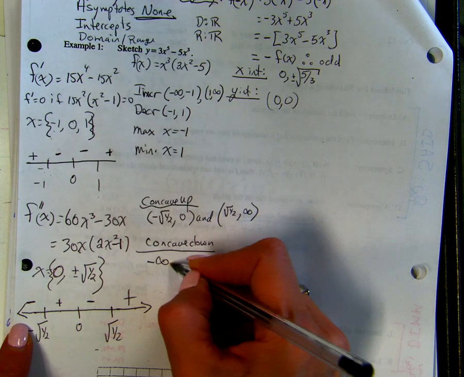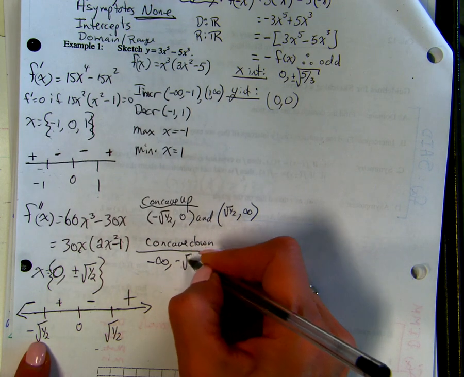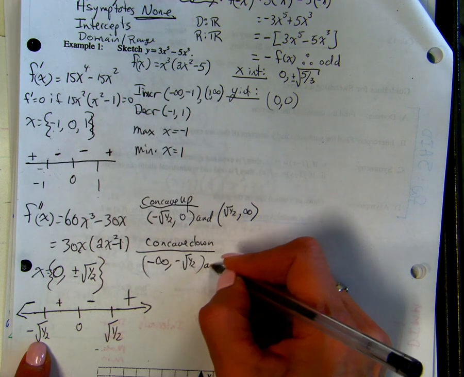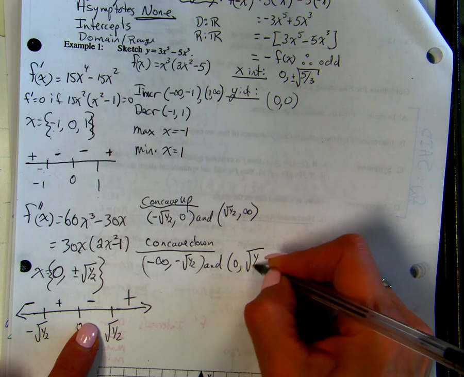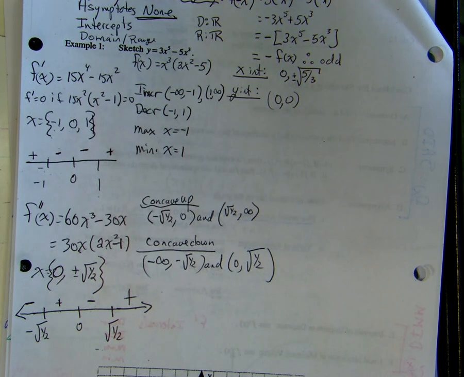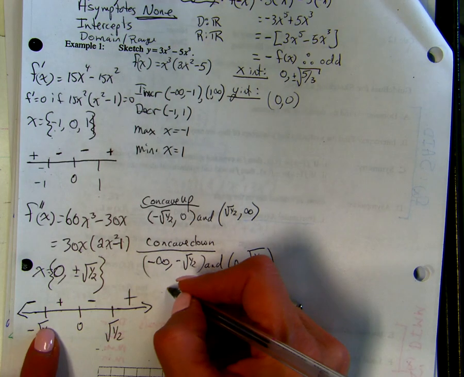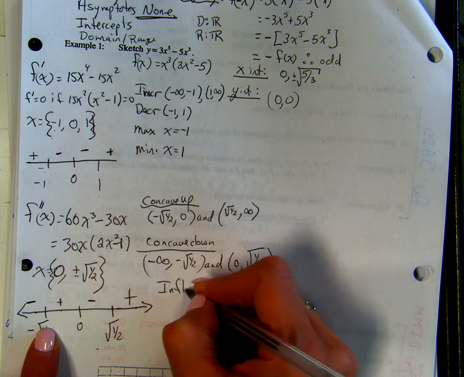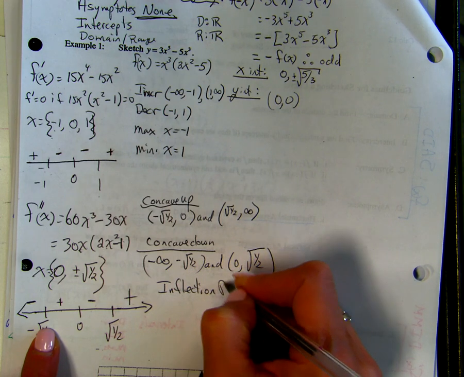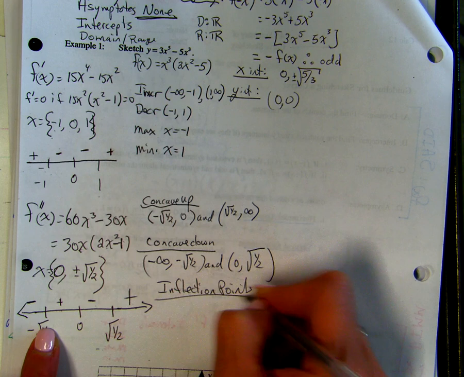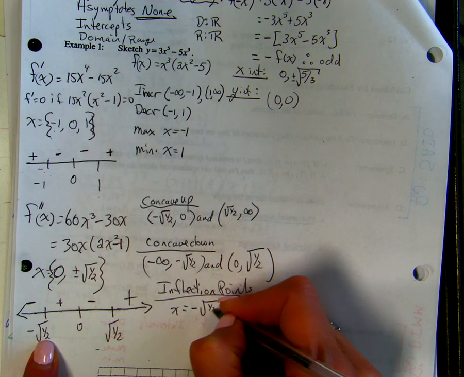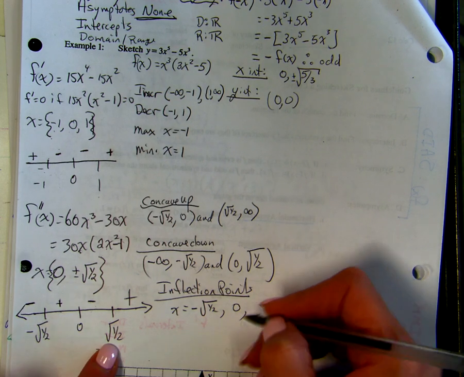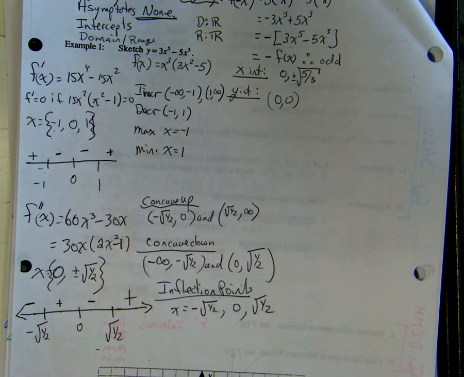It's concave down from negative infinity to negative root of 1/2, and from 0 to the positive root of a half. Okay, and because the concavity changed, we have inflection points at x is equal to negative root 1/2, at 0, and the positive root of a half.